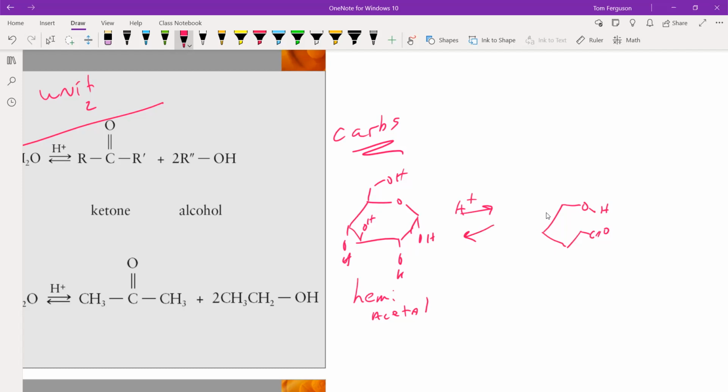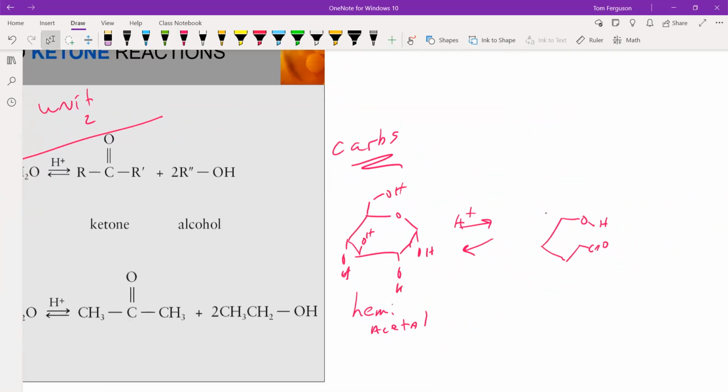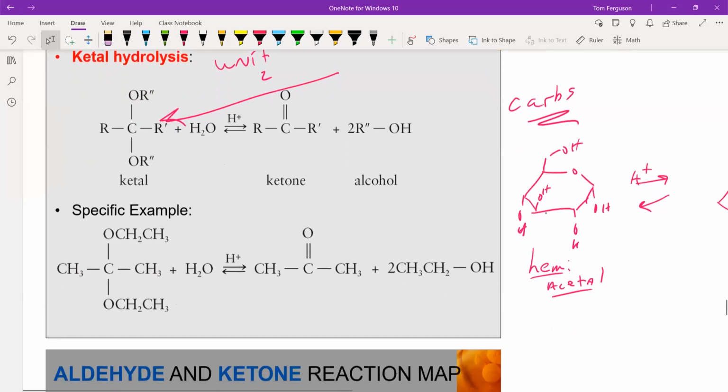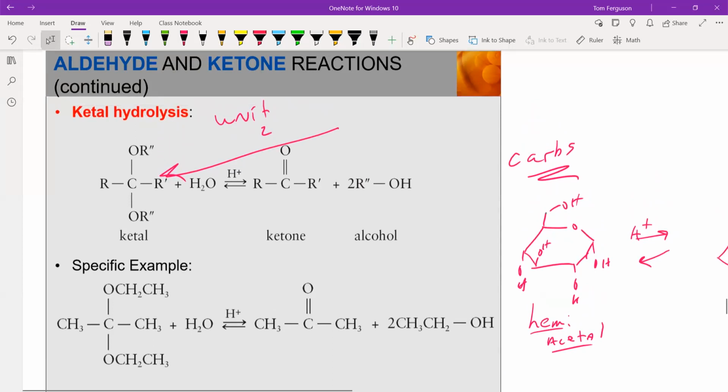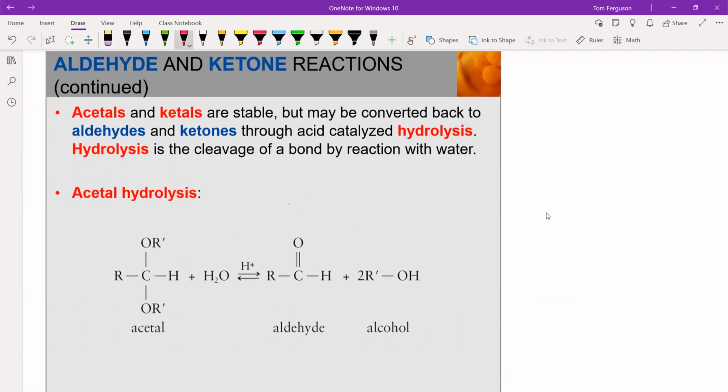So cyclic sugars can open and close. And that's why it's the chemistry of carbohydrates, because carbohydrates are hemiacetals. So this gets real interesting.